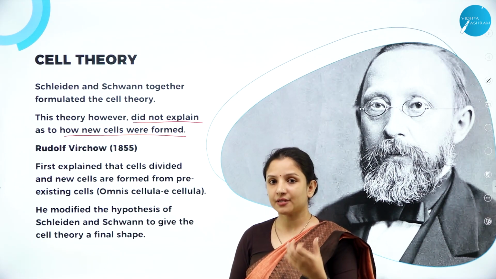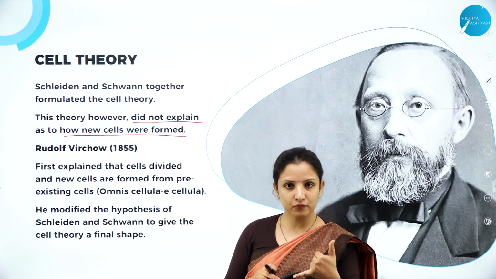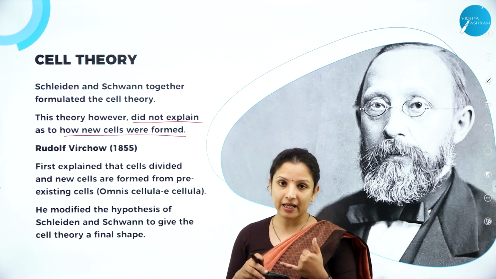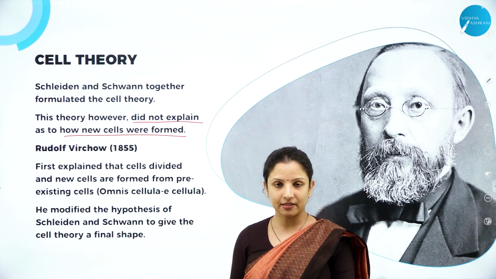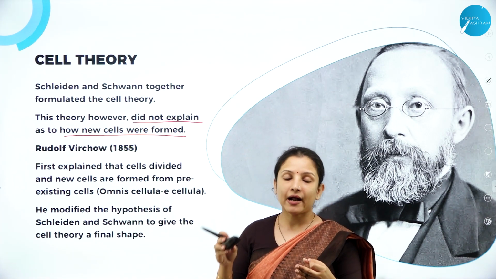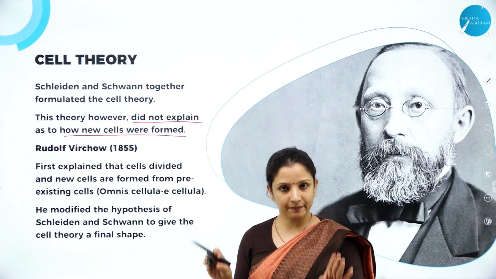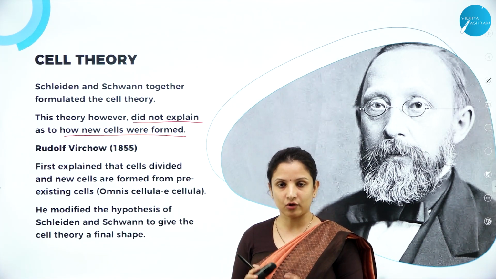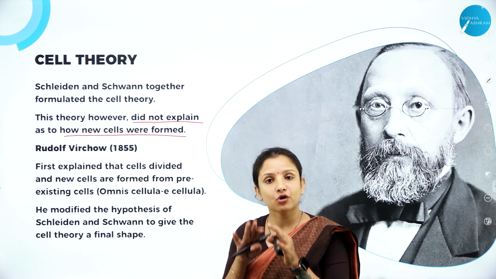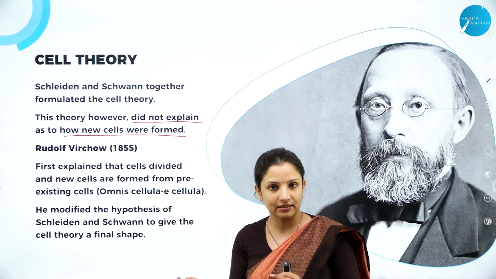So far, supporting the cell theory, they found that plants have different types of cells, the plant cell is covered by a cell wall, and the animal cell is covered by a plasma membrane. All this they found out. That information, though correct, was not sufficient to prove the cell theory.